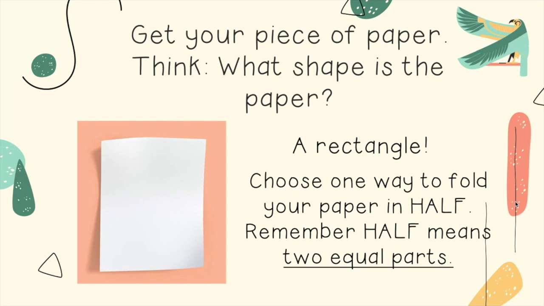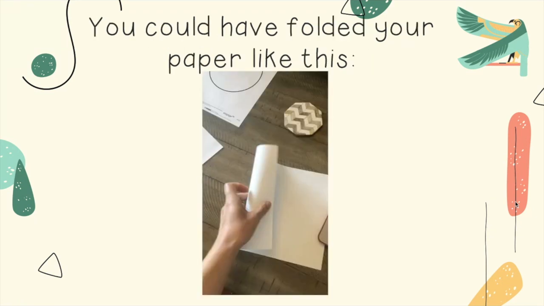If the edges and the corners are not matched up, your parts will not be equal. So any way you're folding it to create 2 parts or halves, you need to make sure that those corners and those edges are lined up to make sure that they're equal. So now, you could have folded your paper like this.